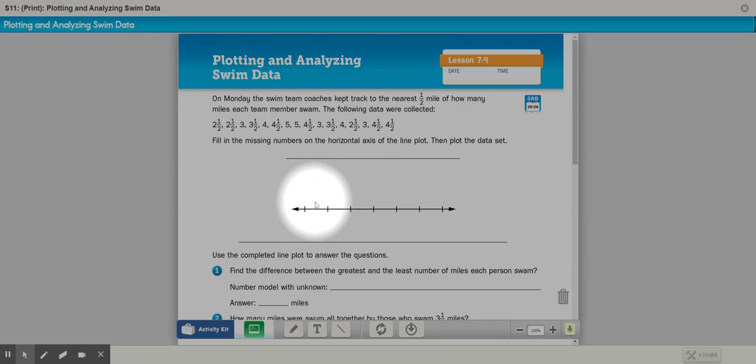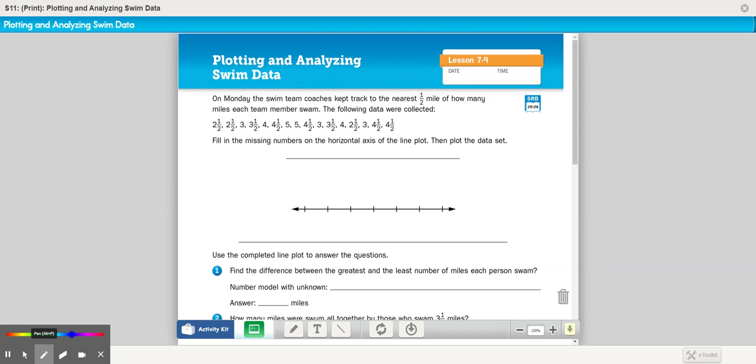So first off, look for the most that anyone swam, and there looks like 5, right? To help out a little bit, I'll put in a 5. I know it's tricky. No charge. There's a 5, and it looks like they've got 4.5.